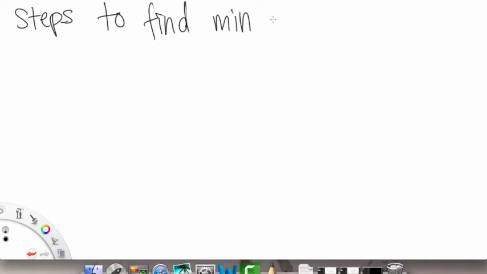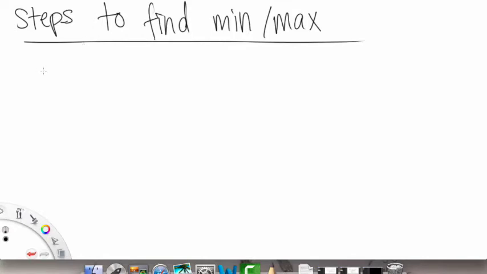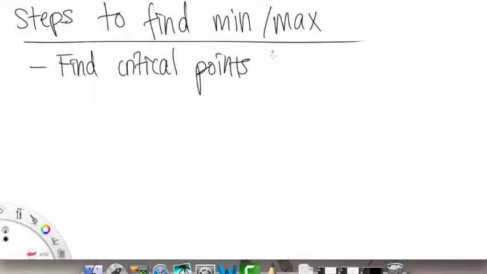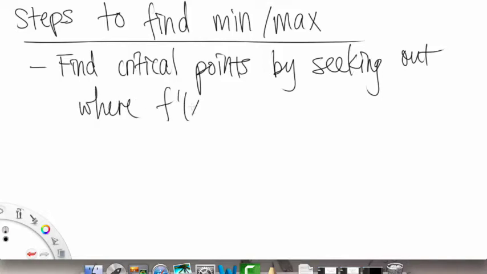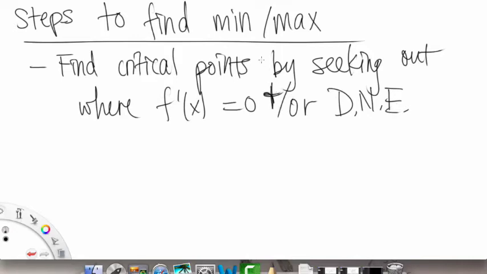What we're going to do is, first of all, find the critical points by seeking out where f prime of x is equal to 0 or does not exist. And this is like "and/or", because if it equals 0 at a certain point and does not exist at another point, then you could list both of those as critical points.